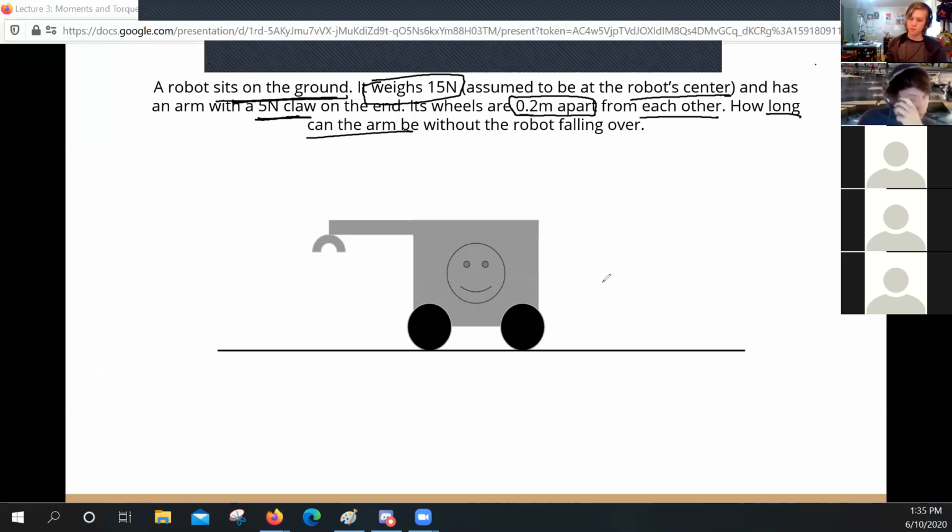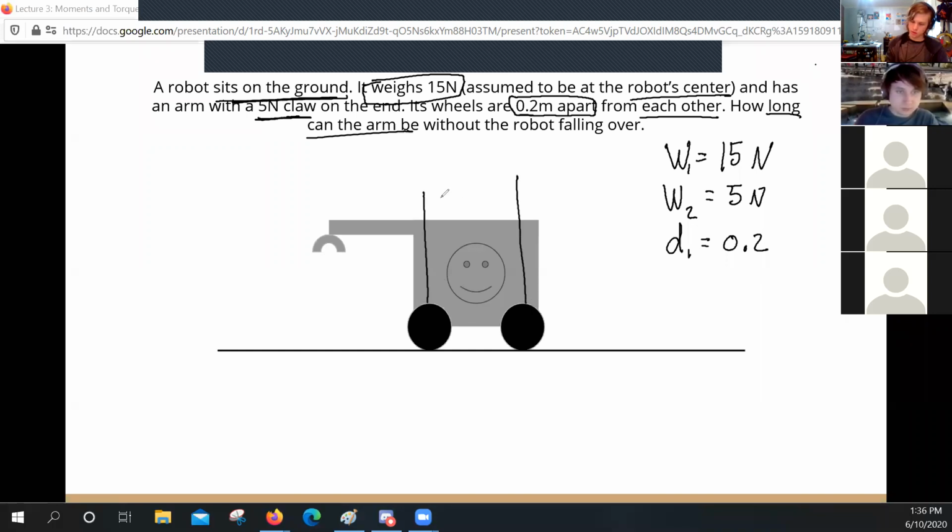So what we can say then is weight equals 15 newtons. We'll say W2 for the weight of the claw equals 5 newtons. We'll put a 1 here. We'll say that D1 equals 0.2, and D1 is the distance between the wheels here.